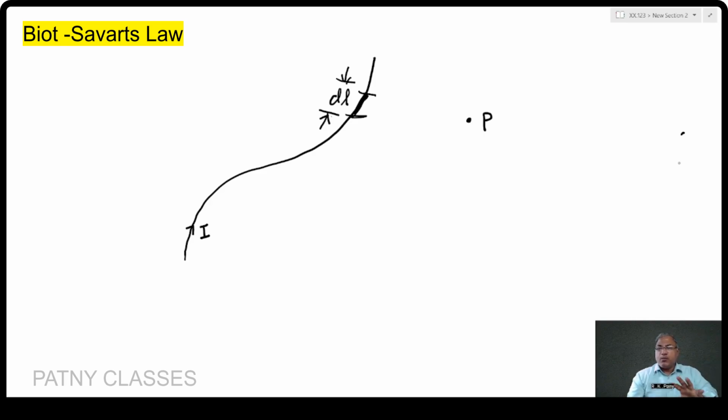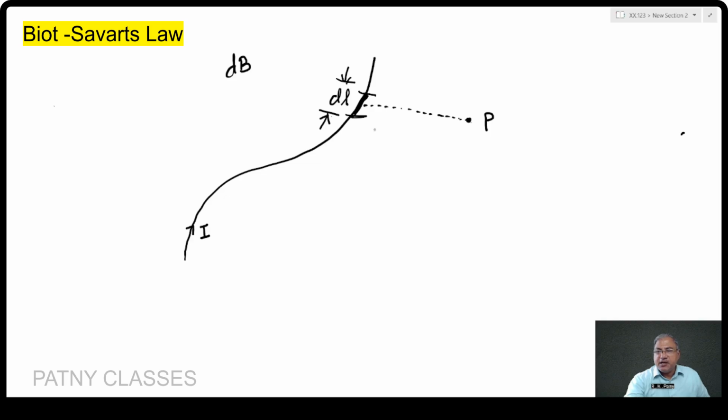You have to select the point such that the magnetic field is easily realized by the compass needle, which will show the deflection. Within that region you have to select the point P. So let us select the point P here and now join the center of the element to the point P.